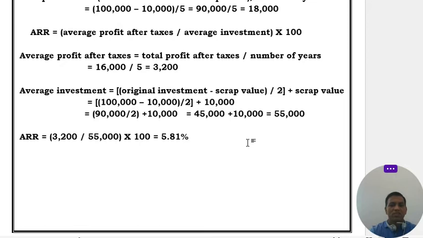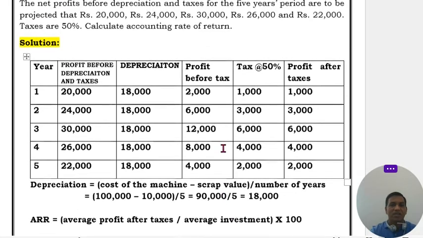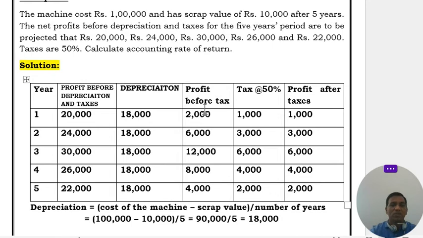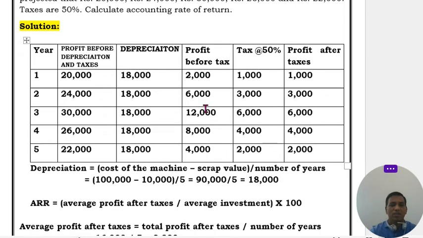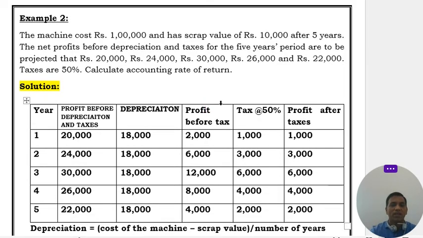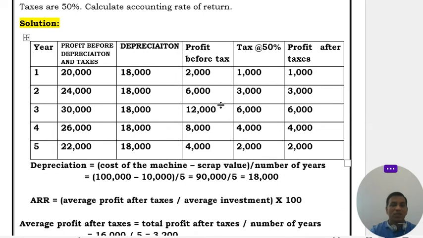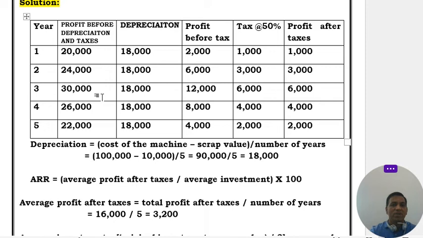If you want a decision, you have to compare the calculated ARR with the standard ARR of the company. But here standard ARR is not available in the question. So we just calculated ARR, that's it. And here profit after taxes is not given directly. They give profit before depreciation and taxes.